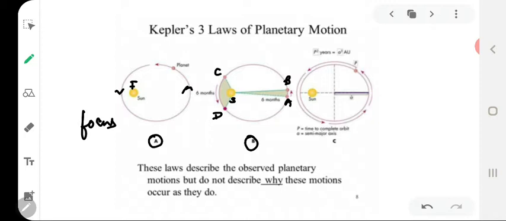Since the areas ABS and CDS are equal, the length of the path CD is greater than AB. It follows that whenever a planet goes away from the Sun, its velocity decreases, and as it approaches the Sun, its velocity increases. This is the second law of planetary motion.